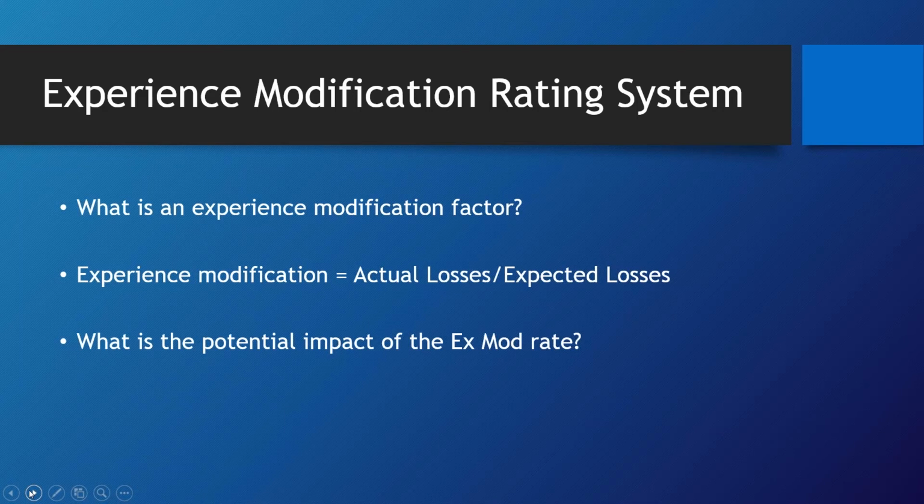The bureau tracks all of that, so they know what the anticipated losses should be, the average in your industry, and they're going to measure that up by the actual losses. And that's really how the Ex Mod is determined.